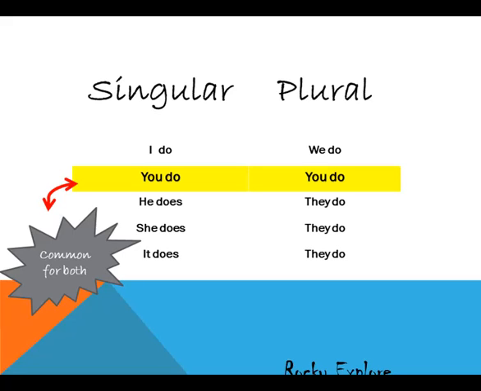And you, here in the yellow highlighted part, is an exception, since you depicts both the nature of singular and plural. And keep in mind again that I, even though I is singular, is an exception. So that's the trick. Use do, not does.